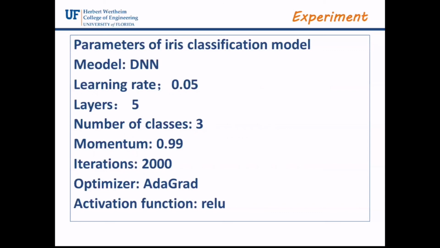And the optimizer I set is AdaGrad instead of SGD, because AdaGrad is more like an adaptive step size when updating the weights, because it takes the second order momentum.